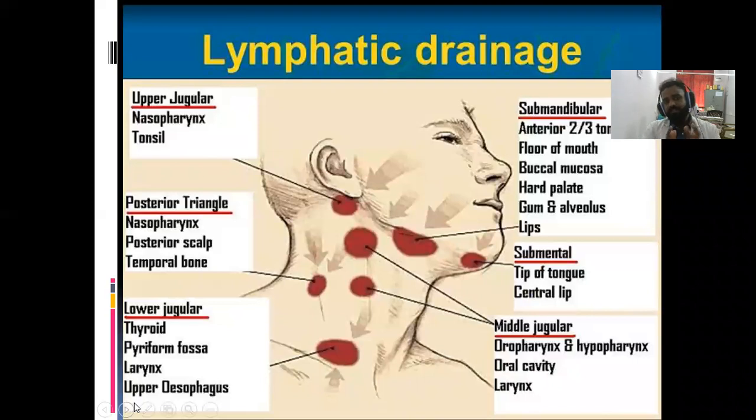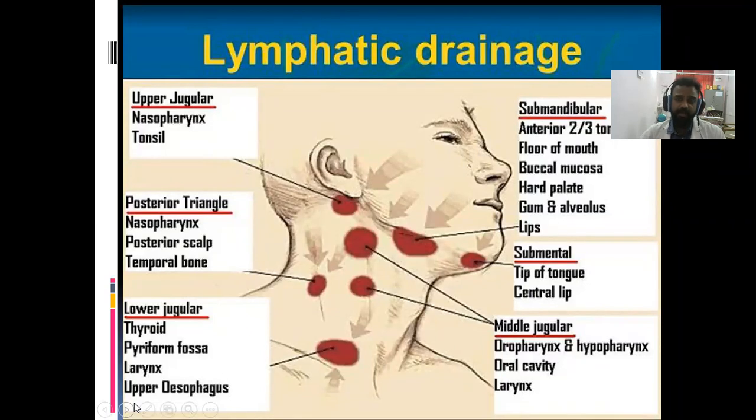Coming to the lymphatic drainage of the pharynx: the upper jugular nodes drain the nasopharynx and the tonsil, the posterior triangle, the posterior scalp and the temporal bone. The lower jugular nodes drain the thyroid, piriform fossa, larynx and upper esophagus.